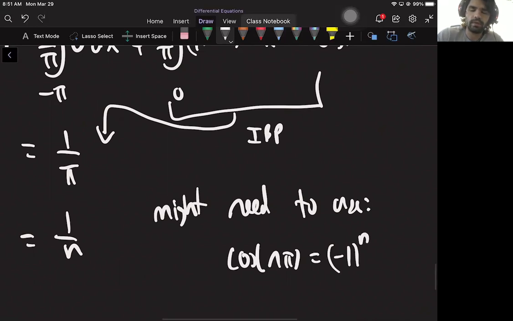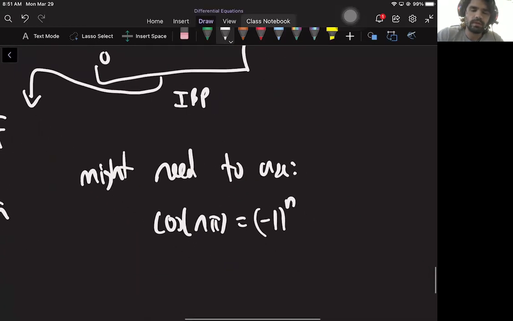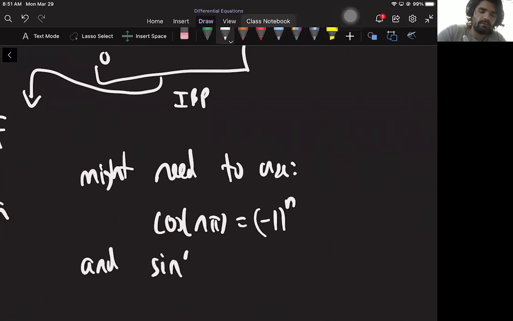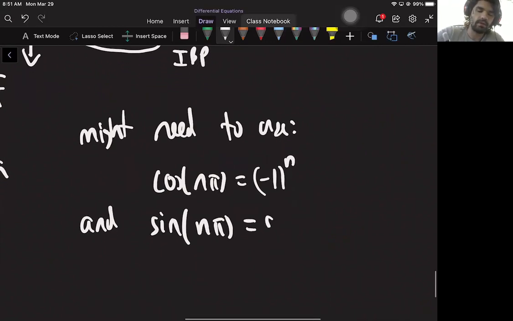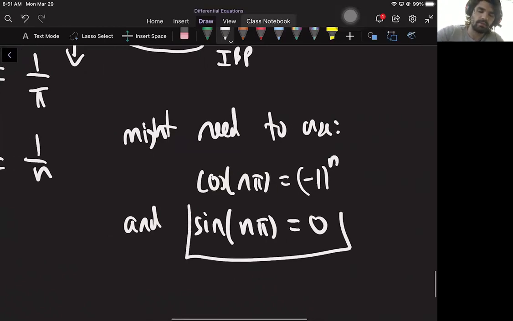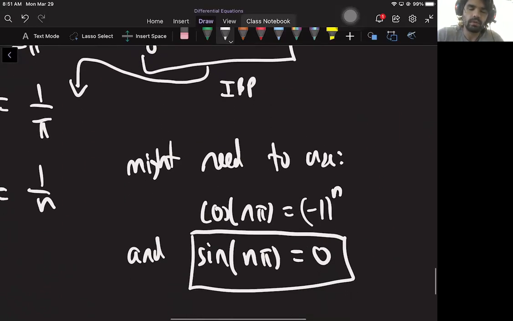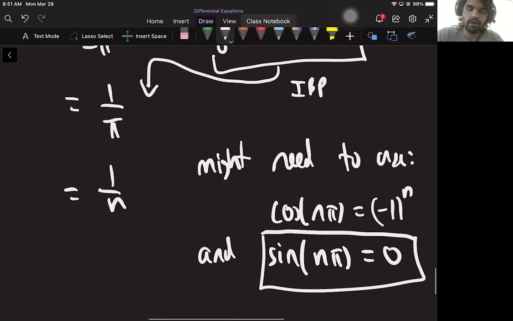So you change it to that. That one probably won't come up this time. But what will probably come up this time is that if you have sine of n pi, then that's just going to always be 0, because you get sine of 1 pi, sine of 2 pi, sine of 3 pi. Those are all 0 forever. So this also comes up a lot. And it probably comes up in this integral when you finish doing integration by parts, plugging in pi, and that's why a bunch of stuff goes away and you just end up with 1 over n.